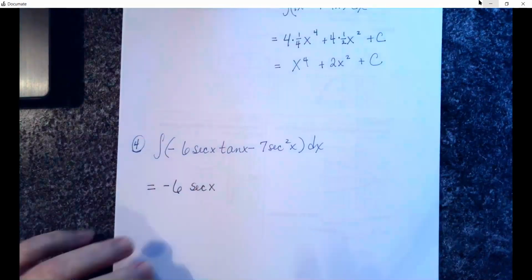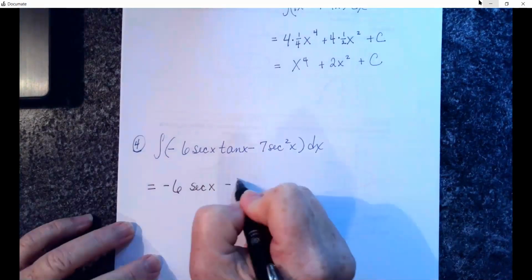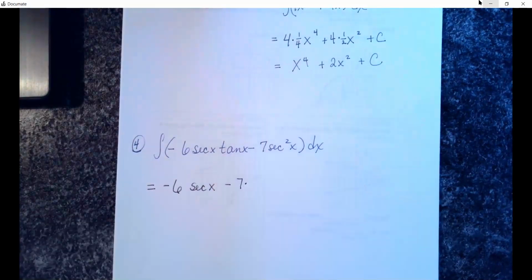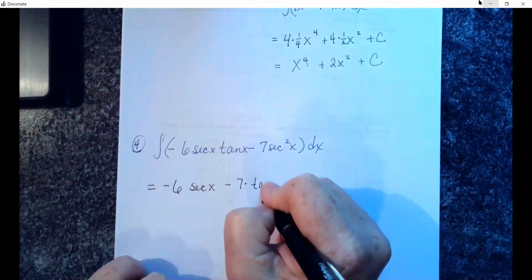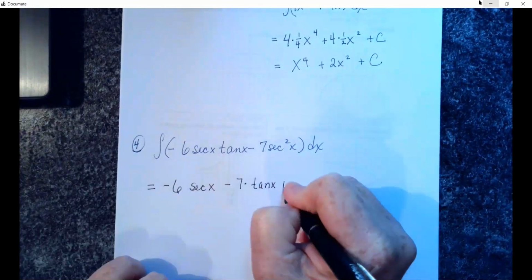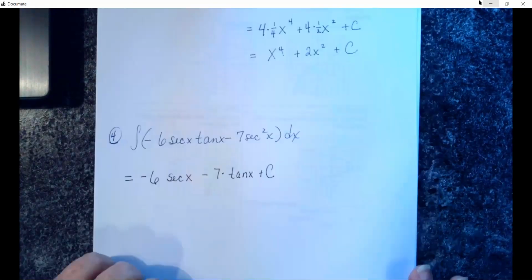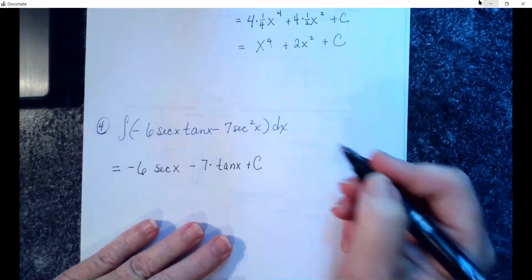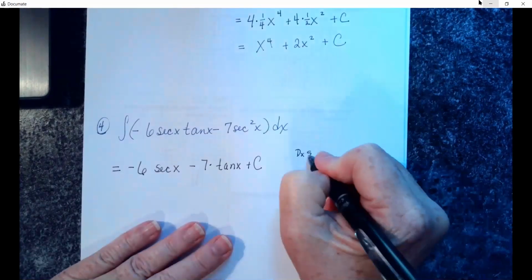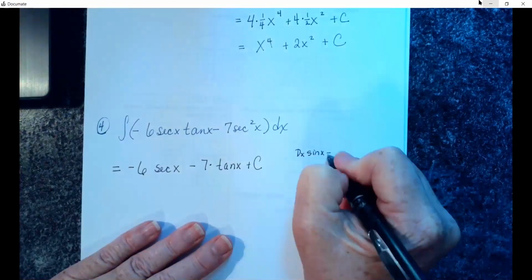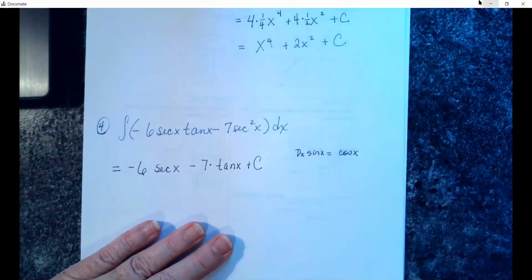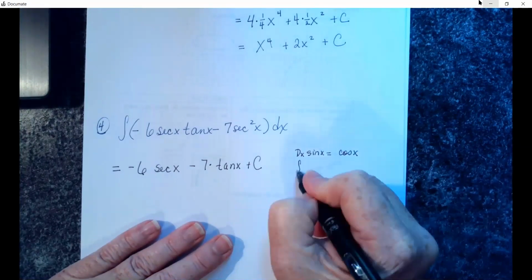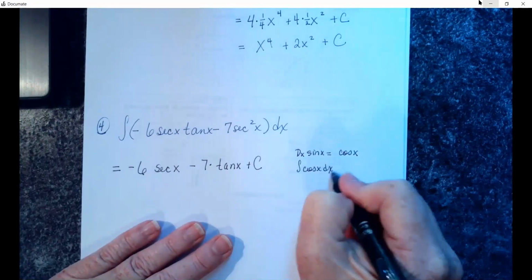Okay. And then -7 times whose derivative is secant squared? Tangent x. So we've got 7 tangent x plus c. It's on the sheet, guys. So just a reminder, if you take the derivative of sine x, you get cosine x. So the integral of cosine x dx is sine x.